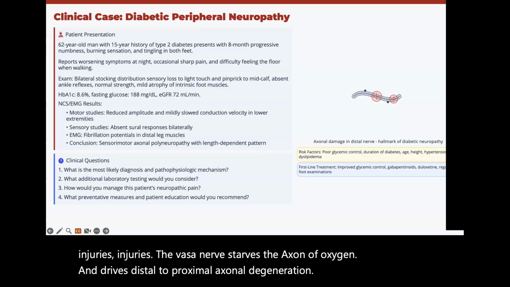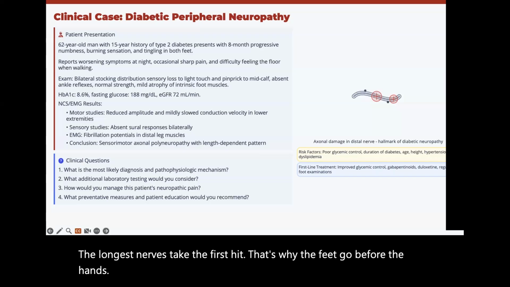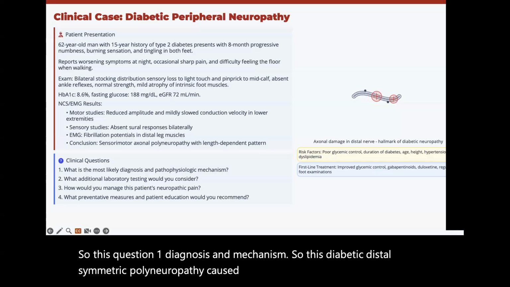The longest nerves take the first hit. That's why the feet go before the hands. So, question 1, diagnosis and mechanism. This is diabetic distal symmetric polyneuropathy caused by metabolic and microvascular axonal injury.